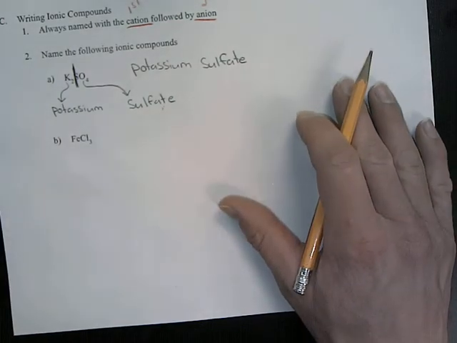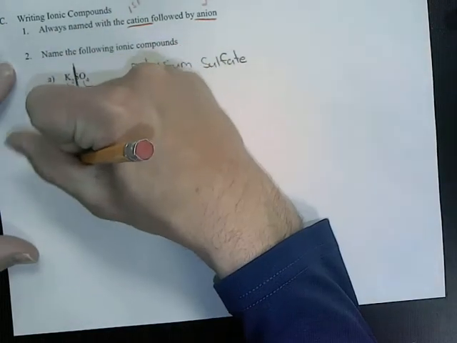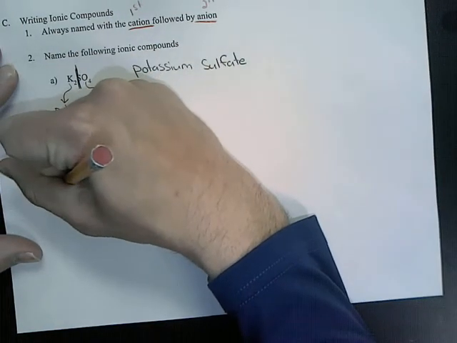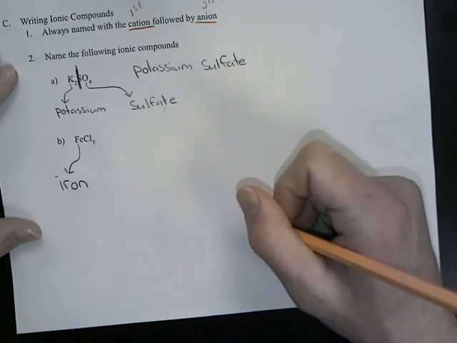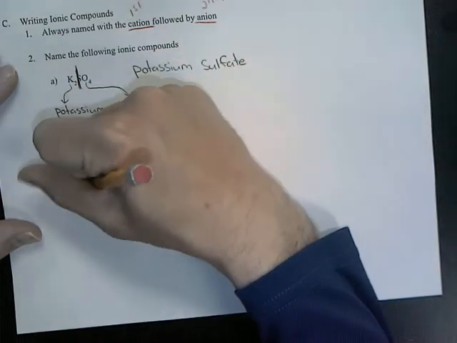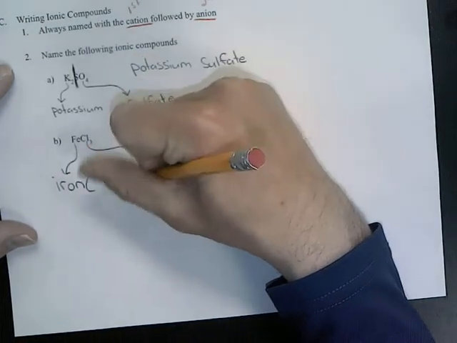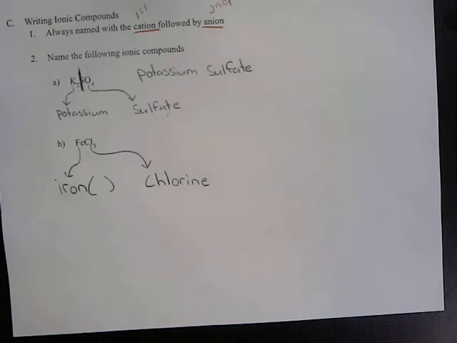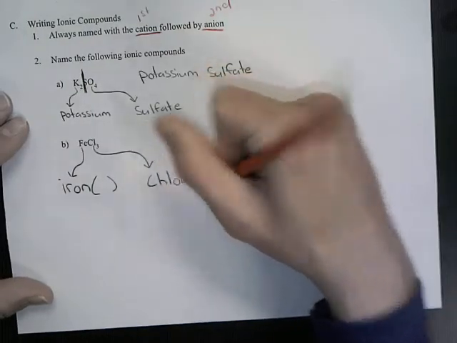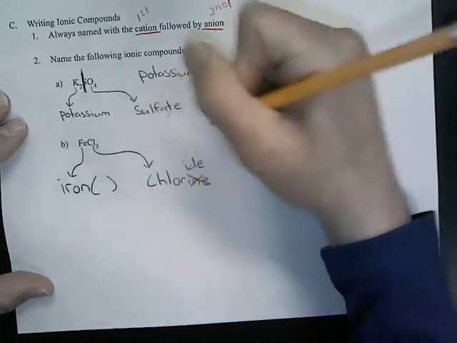Fe is the symbol for our metal, which is iron. However, is iron a transition metal? Yeah, iron's a transition metal, so that means we're going to have to indicate its charge. Cl is chlorine. However, it is the anion. So remember, we have to chop off the ending of that name, and we have to make it IDE.